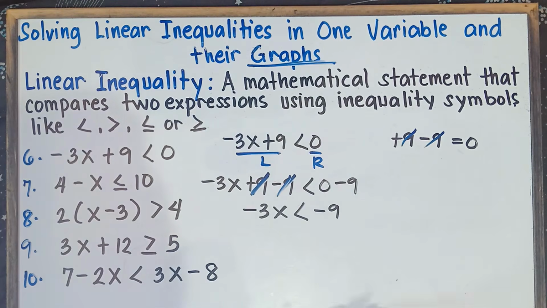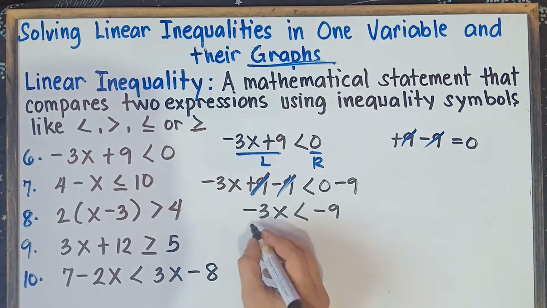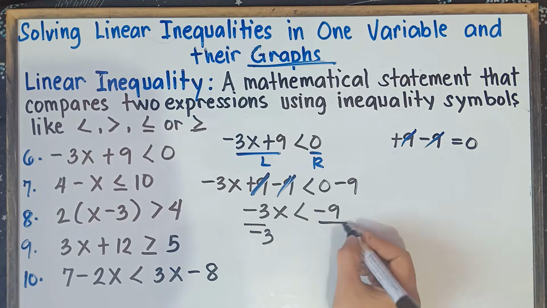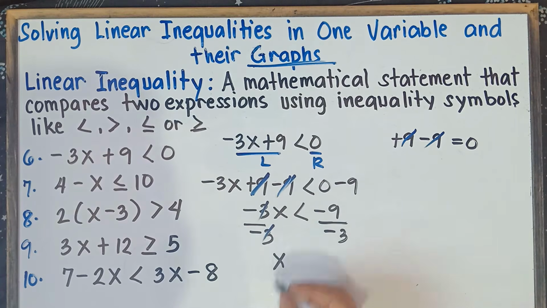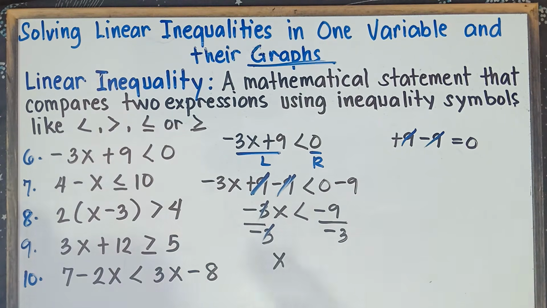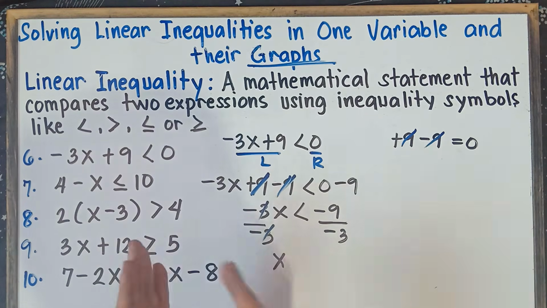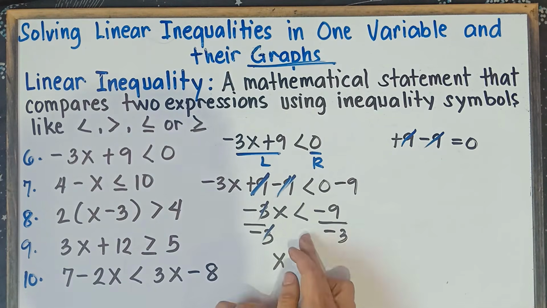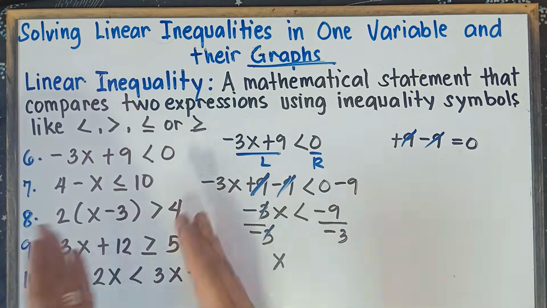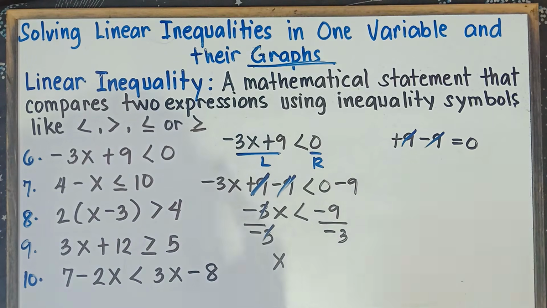Alright, and then to get the value of x, simply divide both sides by negative 3. Divide by negative 3, divide by negative 3, so cancel this out. Now class, remember this: once you multiply or divide the inequality on both sides by a negative number, you need to reverse the sign.